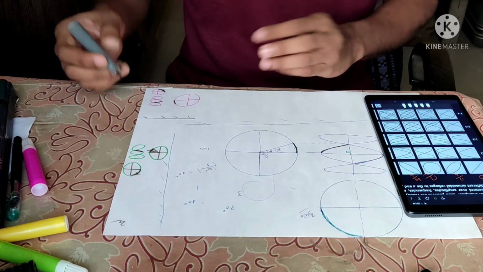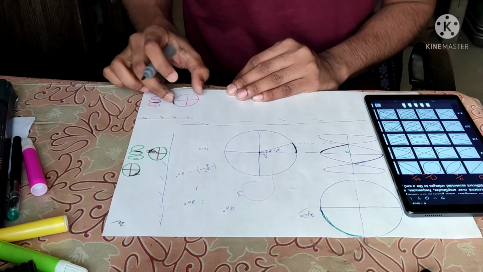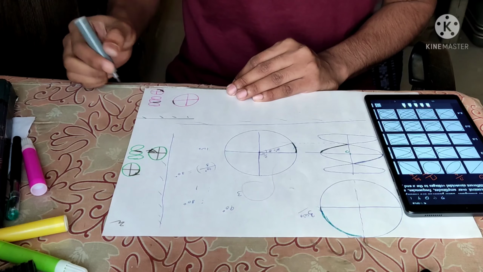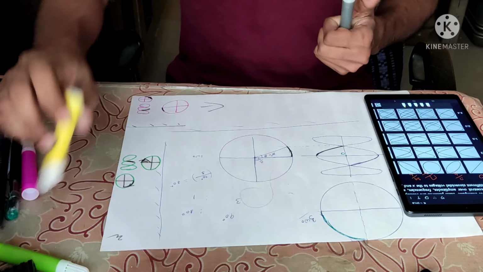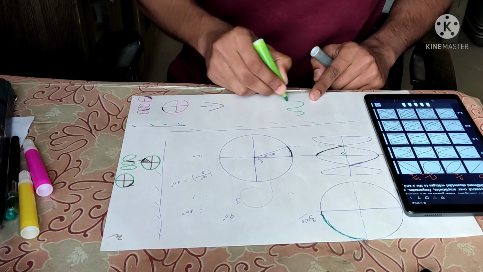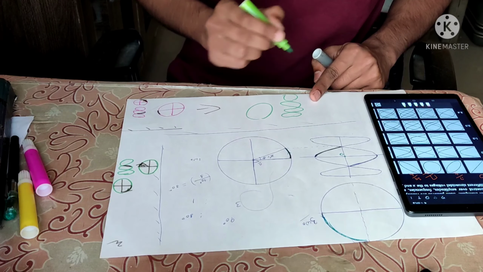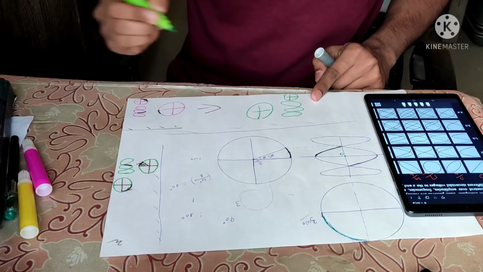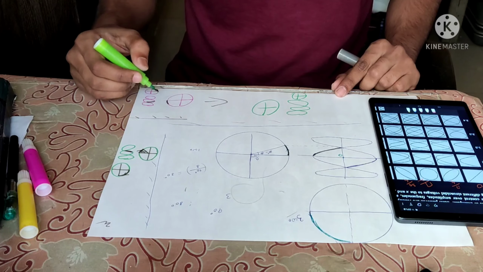And what we can essentially do is take this circle over to this side. So what I'm saying is that, this side.